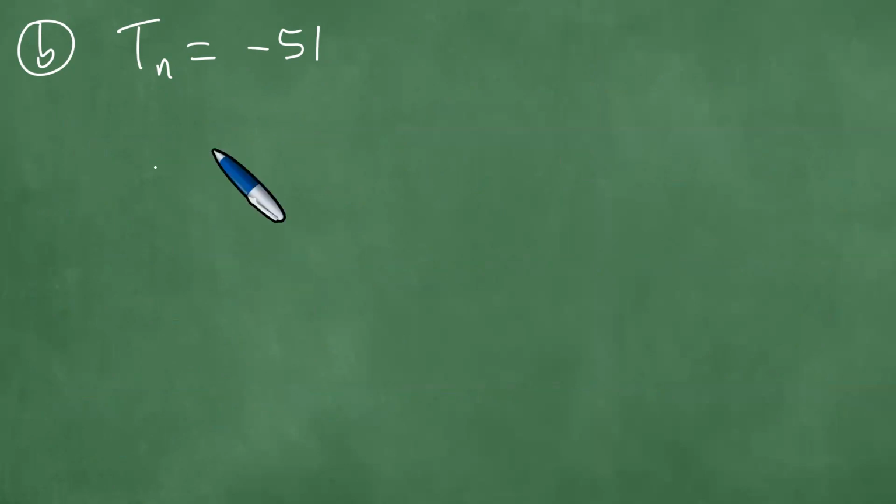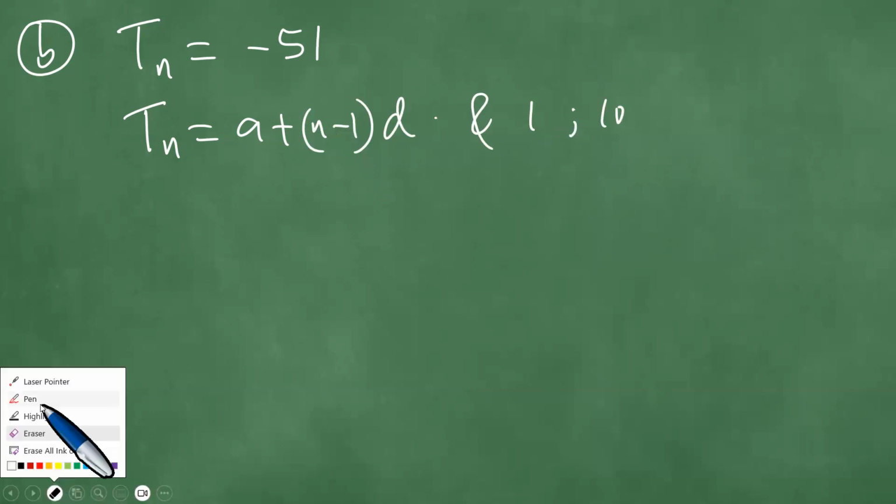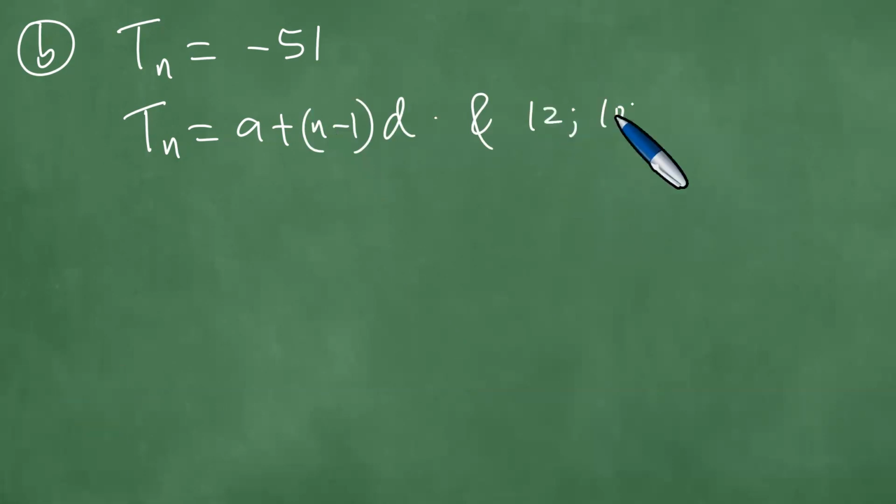So which means, therefore, Tn equals a plus n minus 1 times the common difference, and Tn is minus 51. We remember that the sequence is 12, and then 10 and 1/2. Now, which term is this?